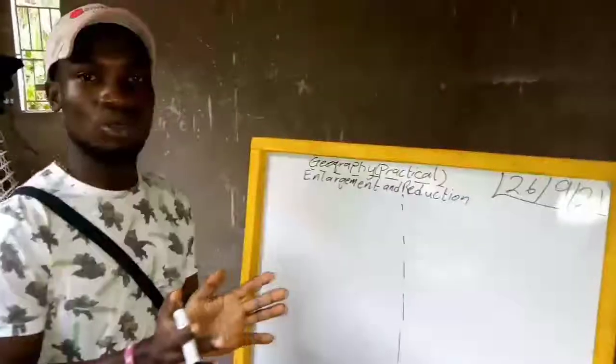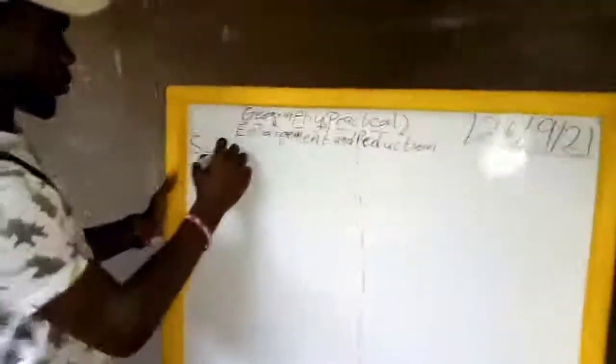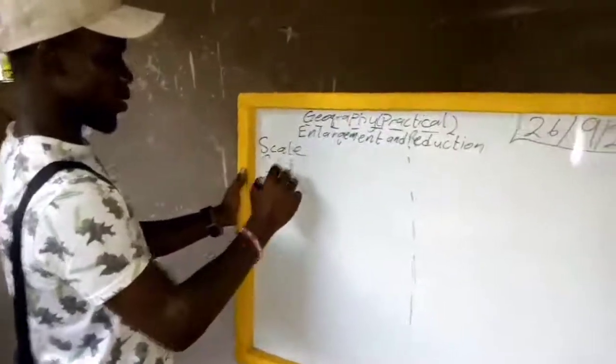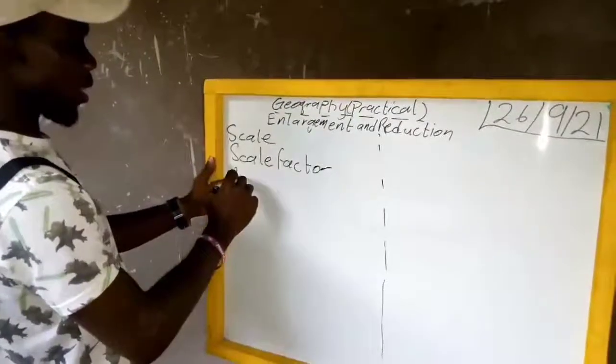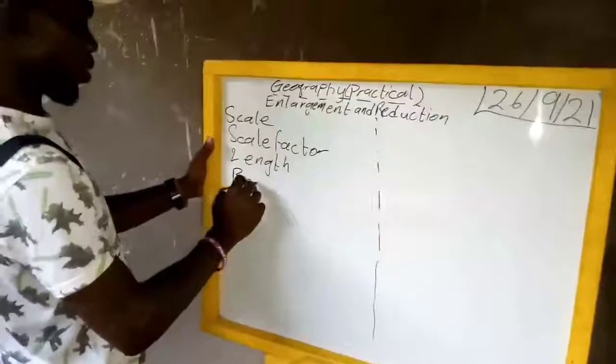Here are some basic things you need to know in enlargement and reduction. One is the scale, scale factor, length, breadth.